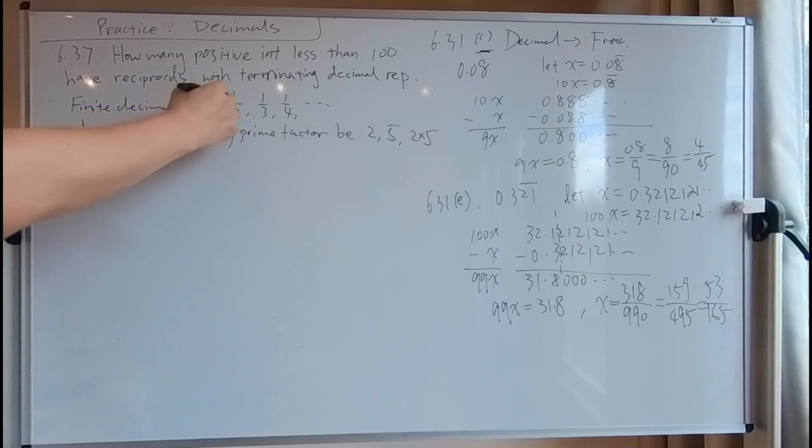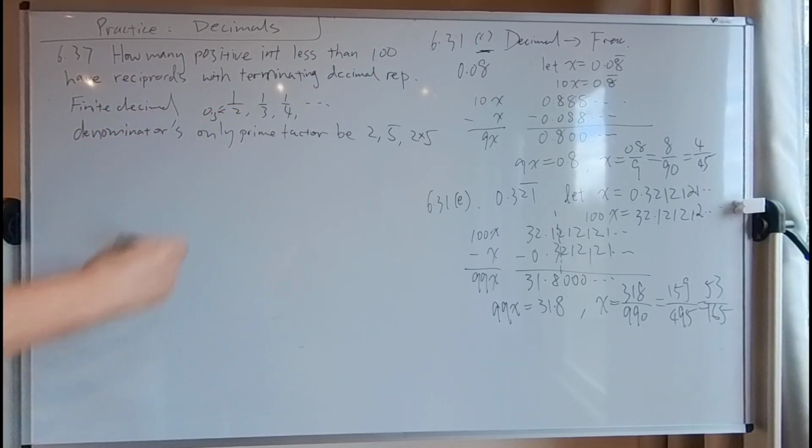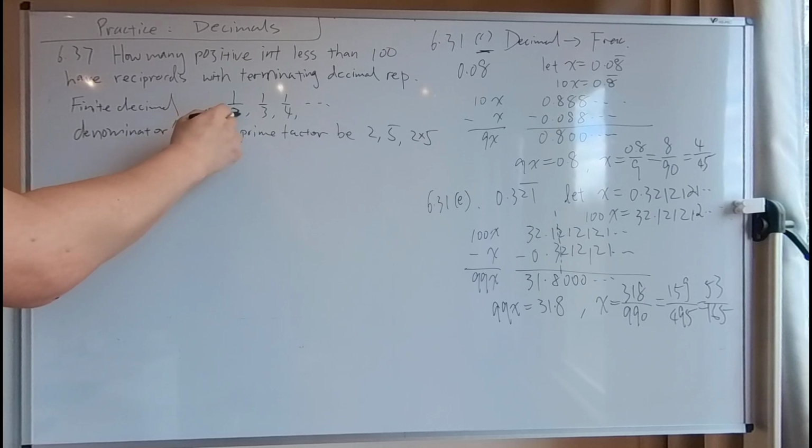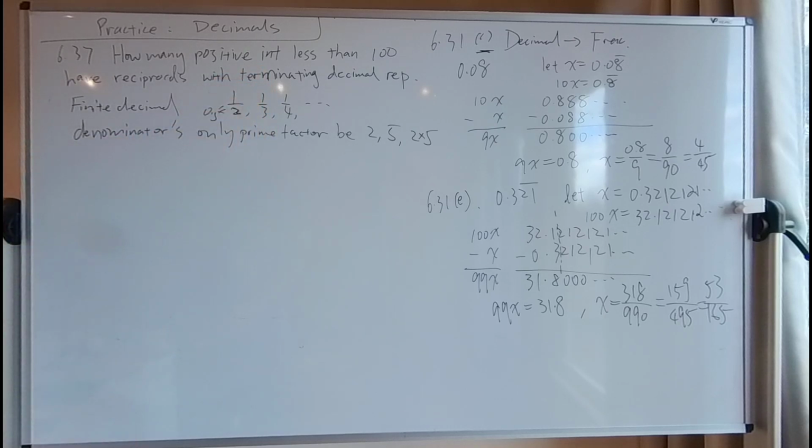All right, for example, 1/2 equals 0.5. It's a finite decimal because the denominator 2 contains only the prime factor 2, but 1/3 is not. 1/3 is a repeating infinite decimal, right? Because the denominator 3 does not contain only the prime factors 2 and 5, and it contains a prime factor 3 other than 2 and 5.